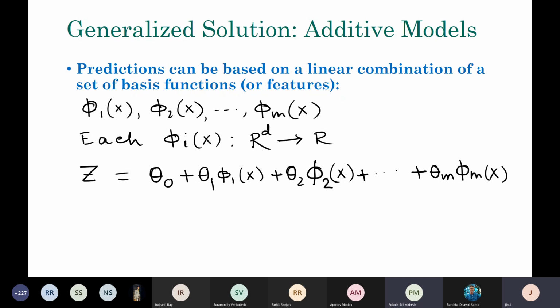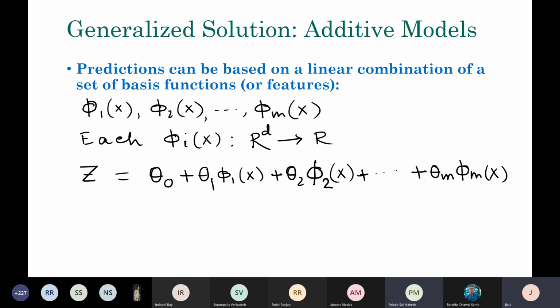A basis function is, as you know from basis vectors, a set of functions, and if you linearly combine these functions, you can get all possible functions of different kinds. For example, the basis functions are phi1(x), phi2(x) up to phim(x), each taking input data in d-dimensional real vector space and giving one scalar value.